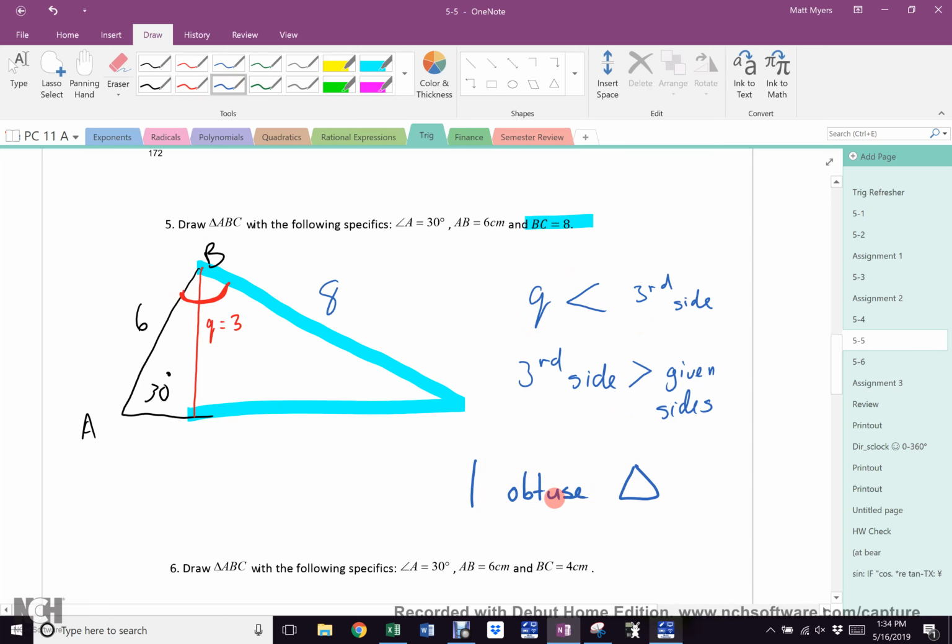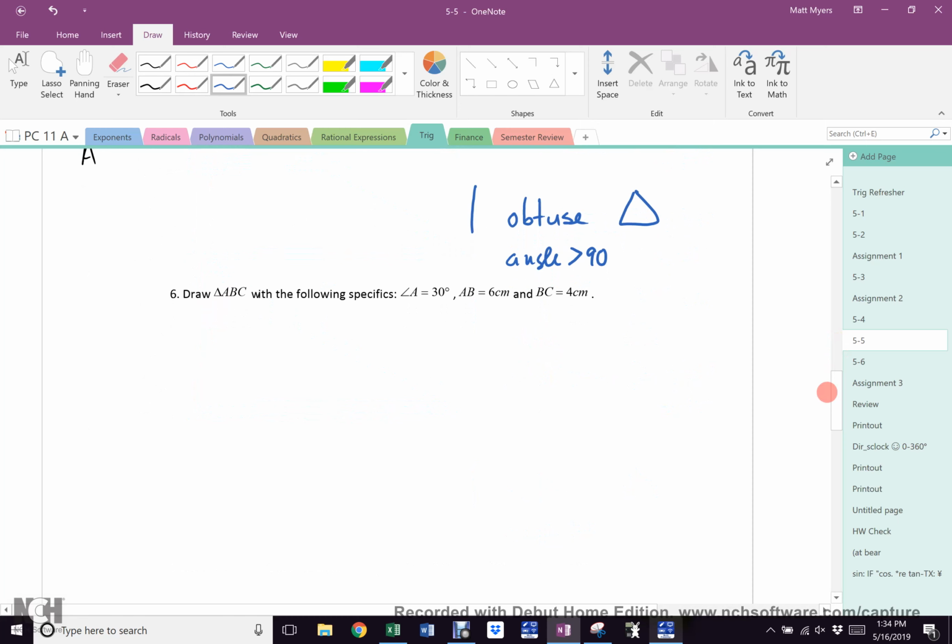What does obtuse mean? Yes, in English. In math, it means angle greater than 90. Is everybody cool? When we get to the fourth one, you'll see where I'm going with this. In the fourth one, guess what we're starting with? Same thing we've started with all along.